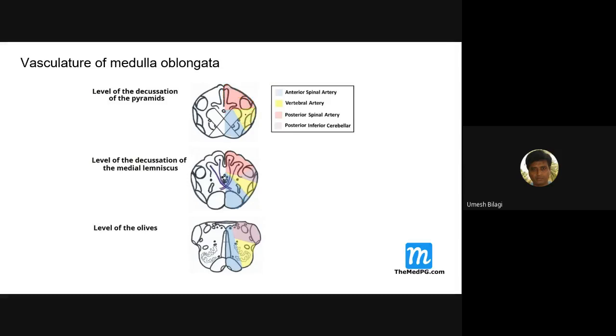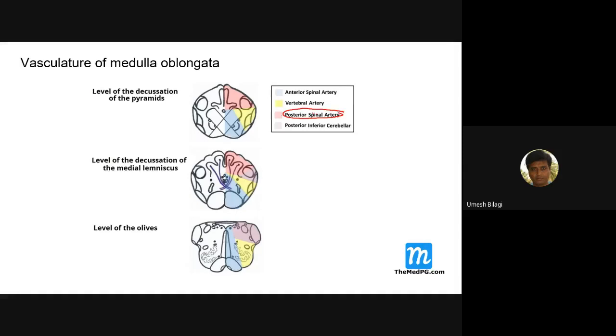So the lower part of the medulla oblongata is not supplied by the posterior inferior cerebellar artery. That much I can tell you. And the upper part above the olives is not supplied by the posterior spinal artery.